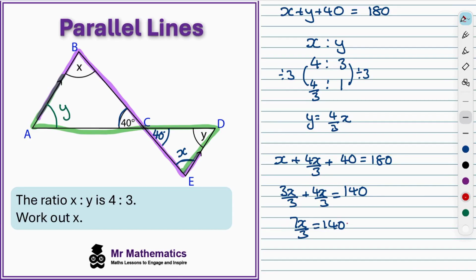We'll divide both sides of this equation by 7. So these will cancel. Then we'll get x over 3 will equal 20. We'll multiply both sides by the 3. So these will cancel, and then x must equal 60.